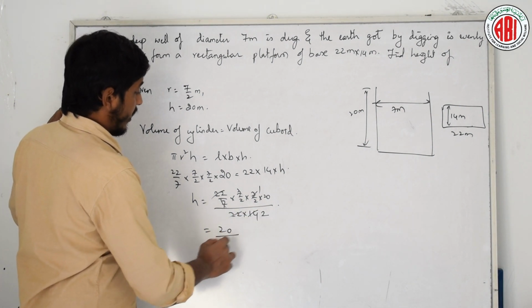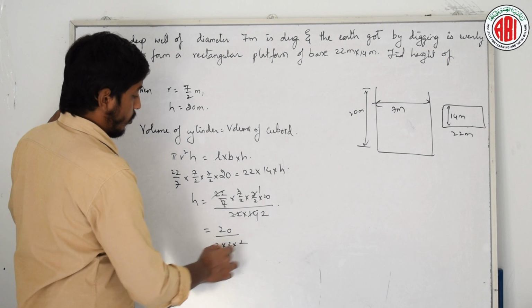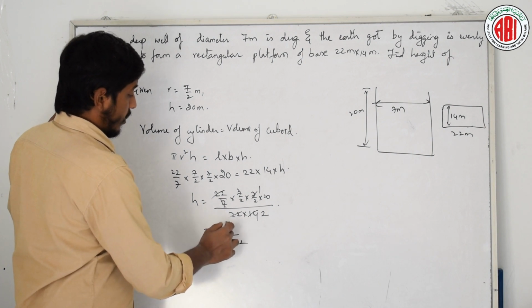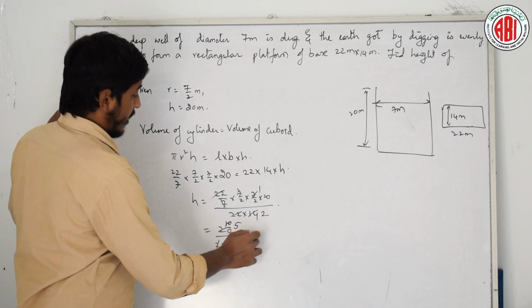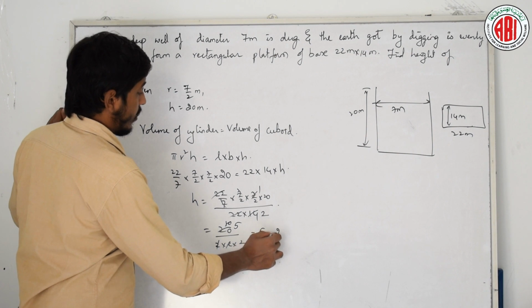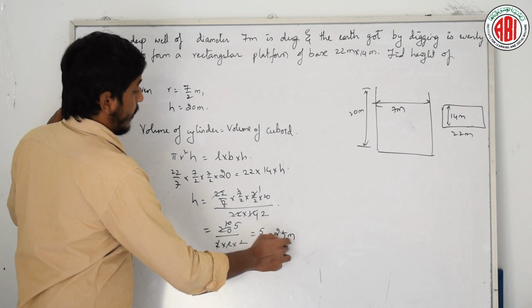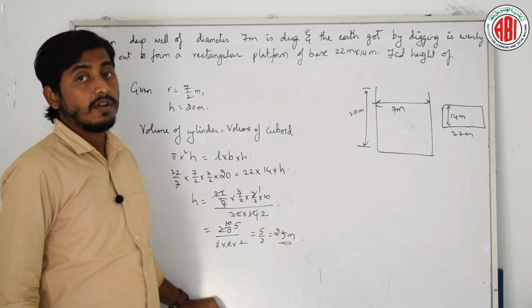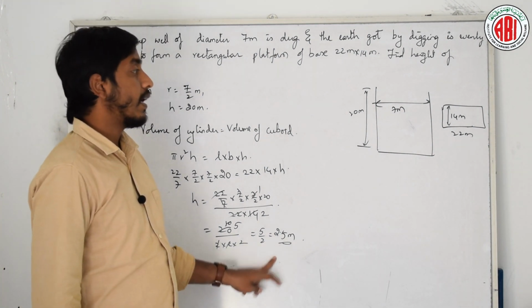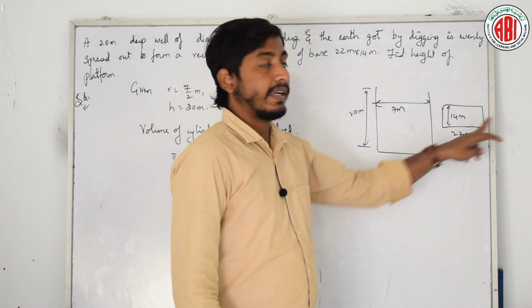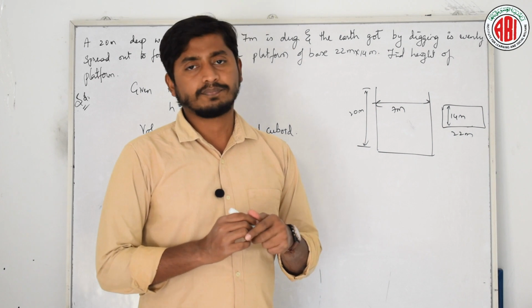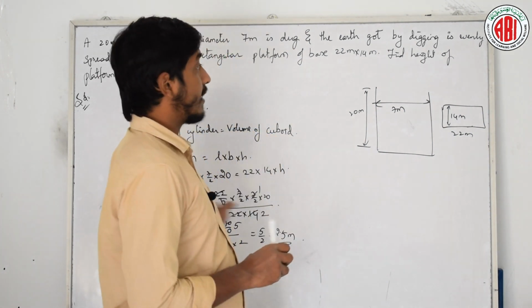That will be 20 by 2 into 2 into 2. 2 1s are 2, 10s are, 2 1s are 2, 5s are, that is 5/2, which is 2.5 meter. This is the height of this rectangular base. Is it fine? Did you understand?